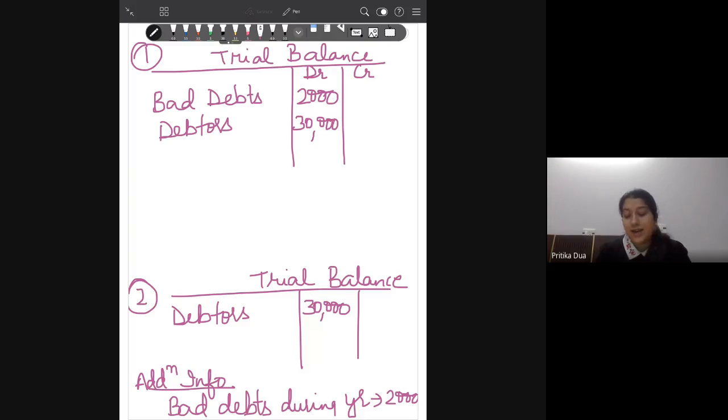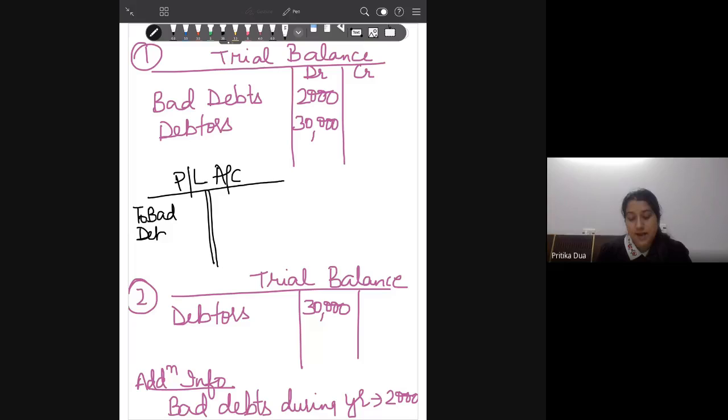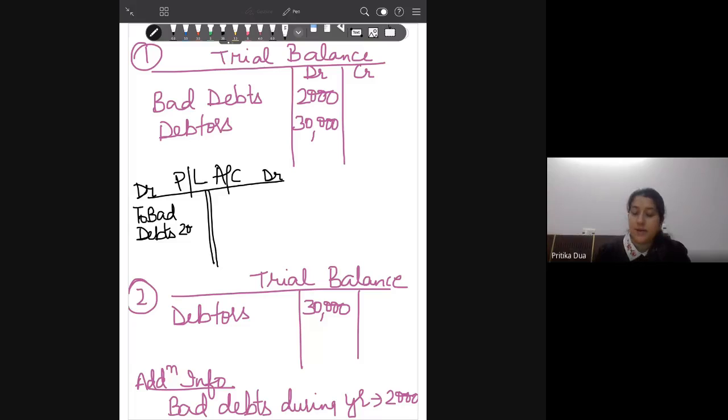So this is an indirect expense for the business, and hence in the profit and loss account, bad debts come on the debit side. That is the left hand side, because we debit all expenses and losses and we credit all incomes and gains. तो बैड डेट्स आपका डायरेक्टली प्रॉफिट एंड लॉस अकाउंट में डेबिट साइड पे आते हैं.